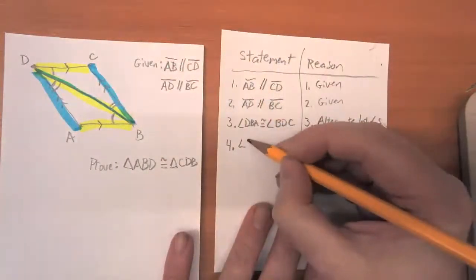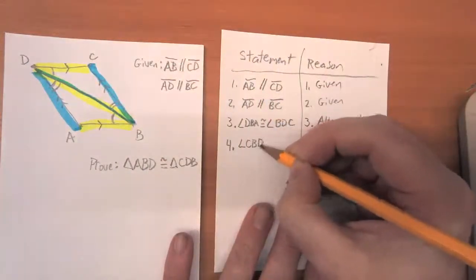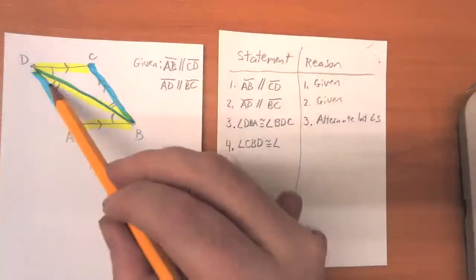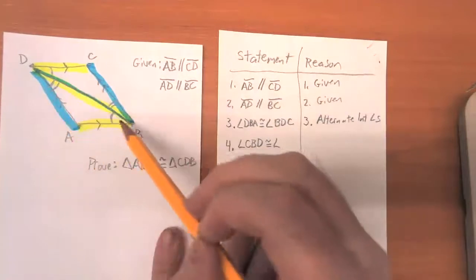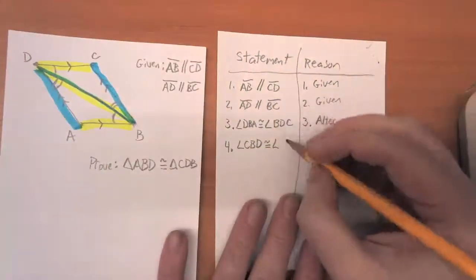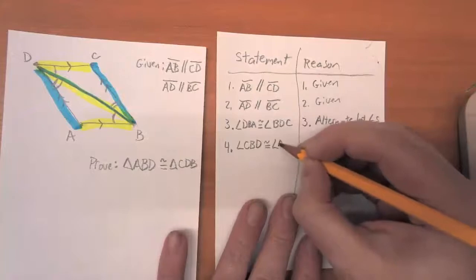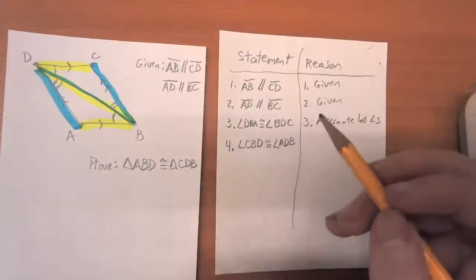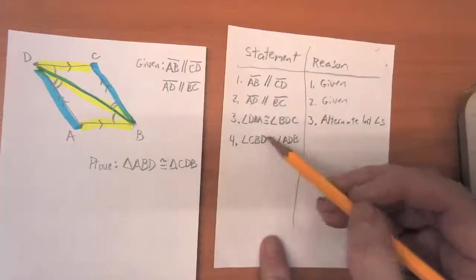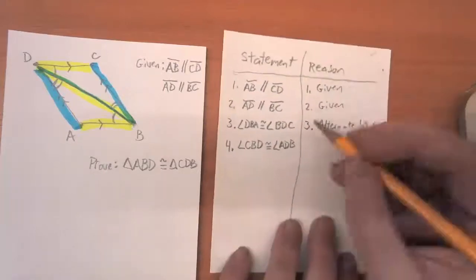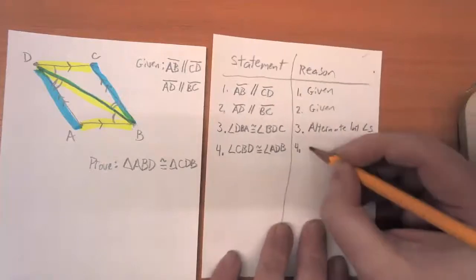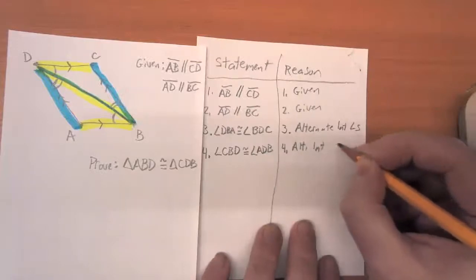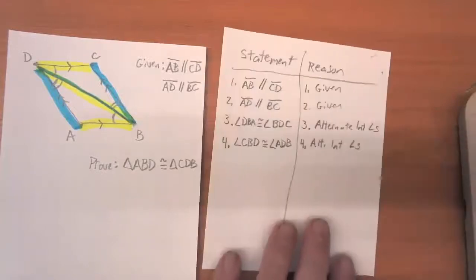We could call that CBD. And the angle at the top, this angle right here, we could call that ADB. And like before, you could reverse these and it would name the same angle, but you need to make sure that the middle letter is always the vertex of the angle. And once again, this is alternate interior angles.